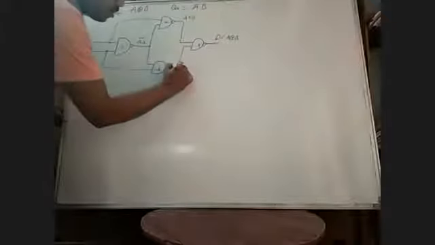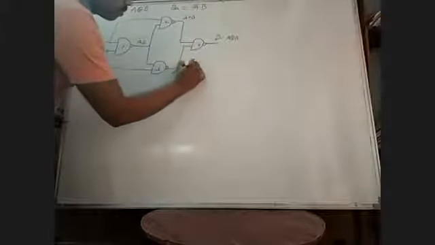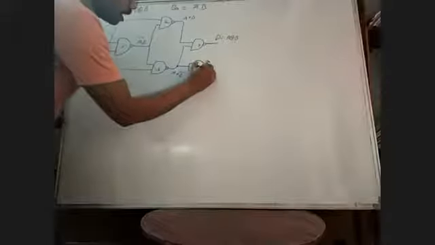A bar B ని ఏ గేట్ నుంచి జనరేట్ చేయడం ఈజీనండి. A plus B bar నుంచి ఈజీ సార్. A plus B bar, that is NAND gate 3. If we take one more inverter at this point, inverter is nothing but NAND gate.